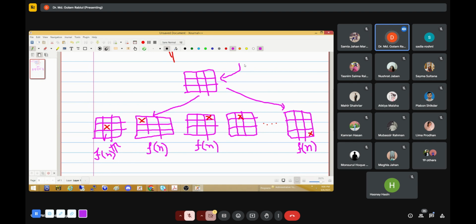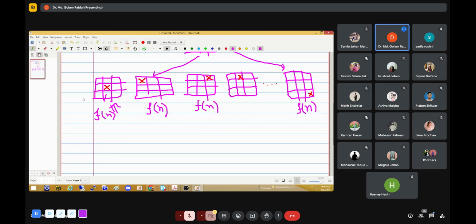Then the next thing is we have to consider again, like if this one is the first movement, the next movement we can consider from here, the next states.